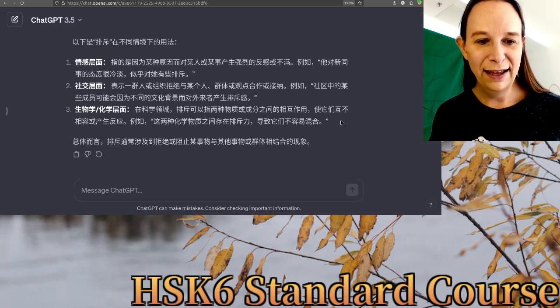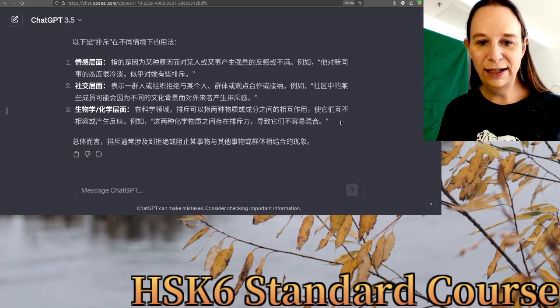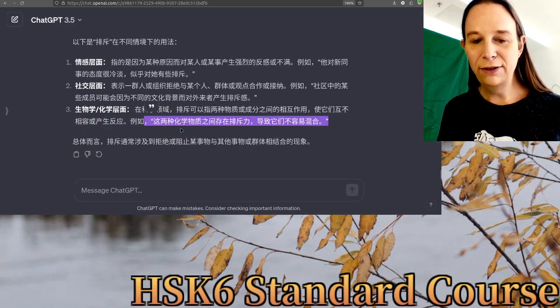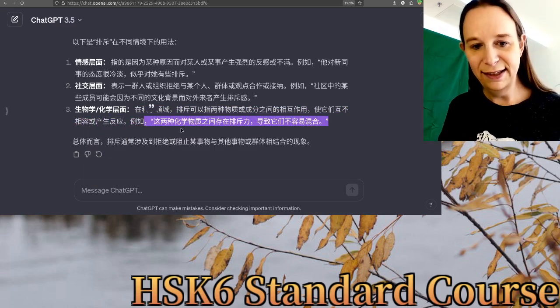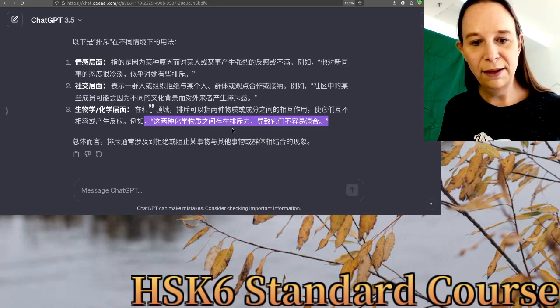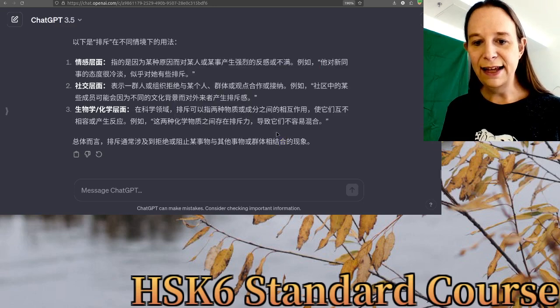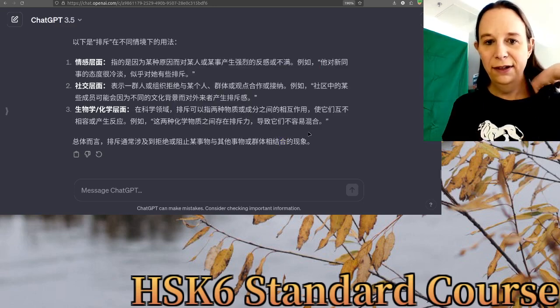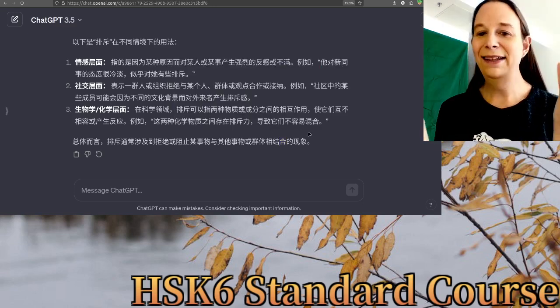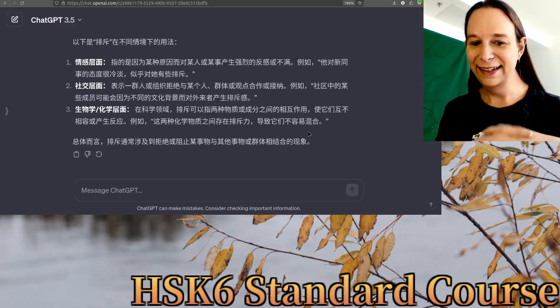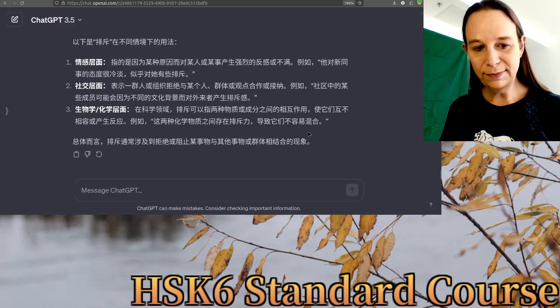生物学、化学层面. So this is in physics and chemistry. 这两种化学物质, so these two chemical substances 之间存在排斥力, have a kind of repulsion, 导致它们不容易混合, so you can't combine them. Something like oil and water, they repel to some extent, I guess. All right.